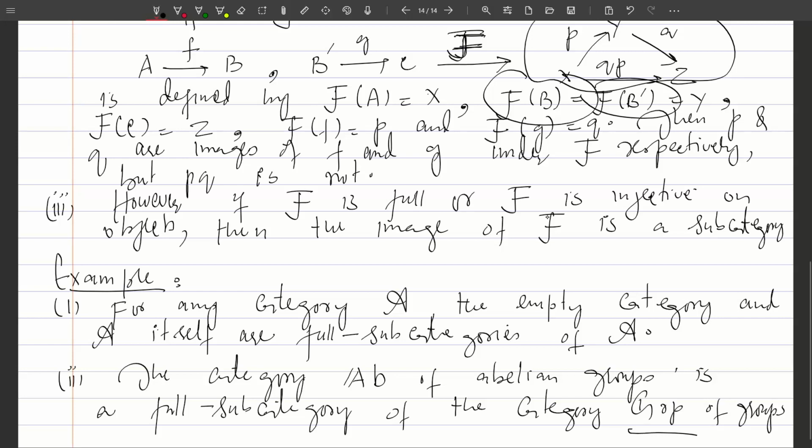However, for any two objects A and A prime in AB, the morphism set between A and A prime is the same as the morphism set of the same objects in the category GRP. So this is a full subcategory.